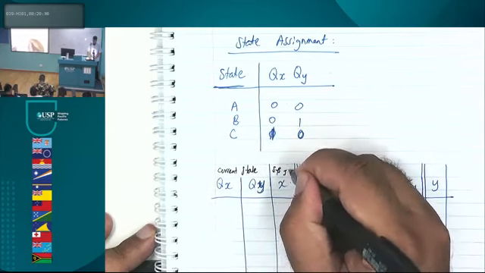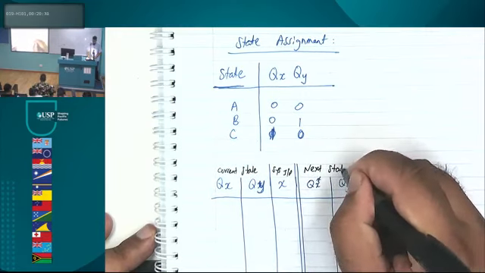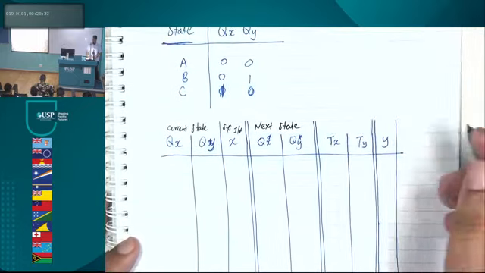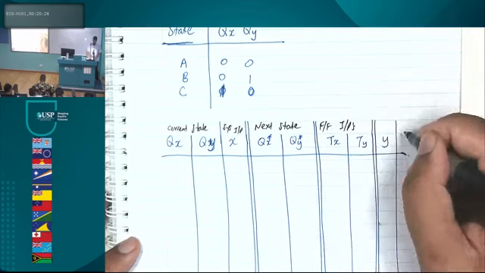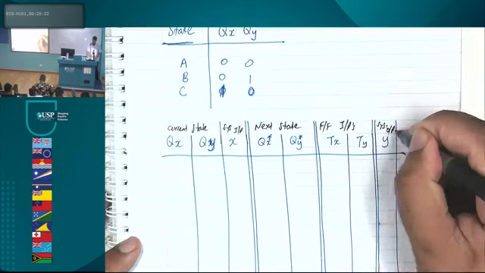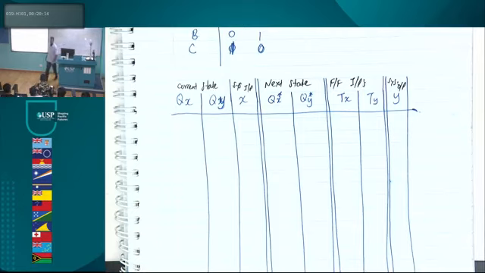System input. Next state. Flip-flop inputs. System output. Yeah. So look at it. The way I've drawn it, what is different this time around? As compared to, by now you've matured in the game, right? It's just like in the beginning, when I used to draw Karnaugh maps, I used to write down, okay, this is the window number. After a while, you don't need the window number. You should know, right? So what is different this time around?